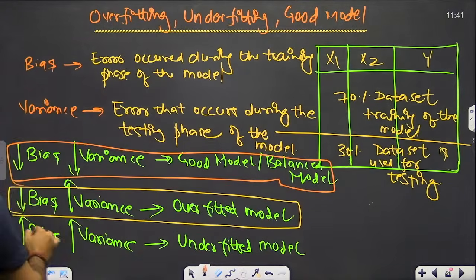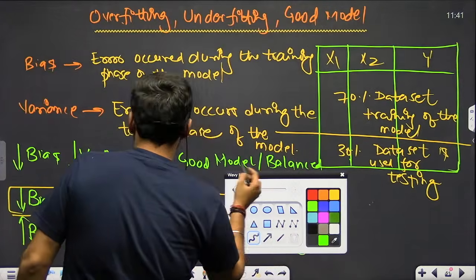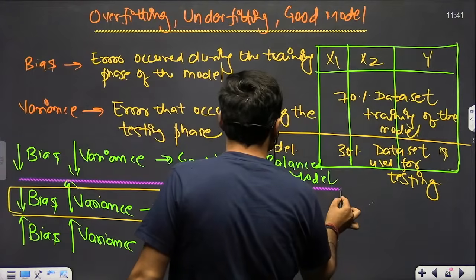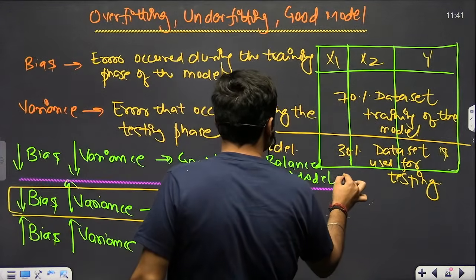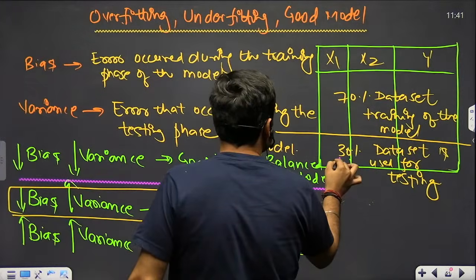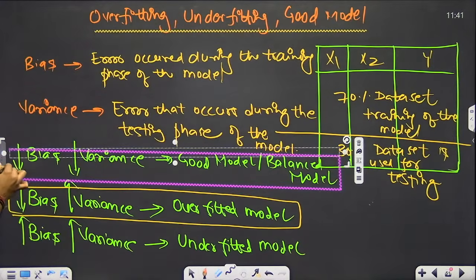When bias is low and variance is low, that is defined as a good model.